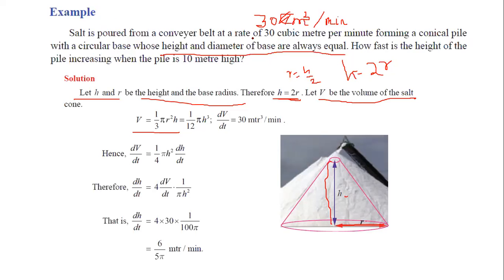Then here given that the rate of change of volume, that means dv by dt equal to 30 meter cube per minute. So dv by dt equal to 1 by 4 pi h square dh by dt.